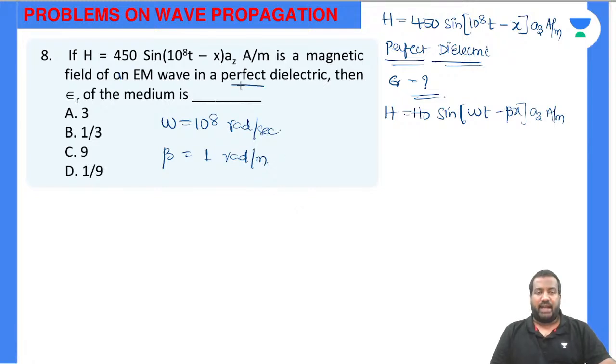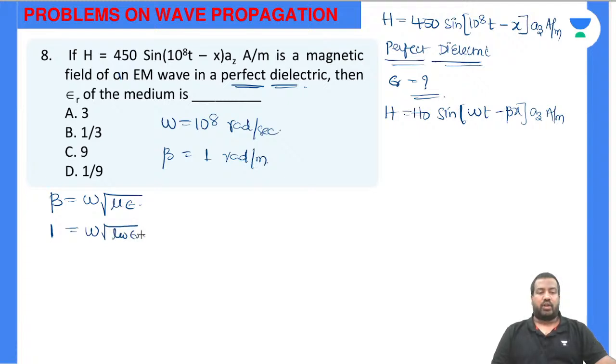Given that it is a perfect dielectric, beta value for a perfect dielectric is omega into under root mu epsilon. But we know beta is 1. 1 is omega under root of mu naught epsilon naught into under root of mu r epsilon r. Omega is 10 power 8. Under root of mu naught epsilon naught is 1 by c, 1 by 3 into 10 power 8.